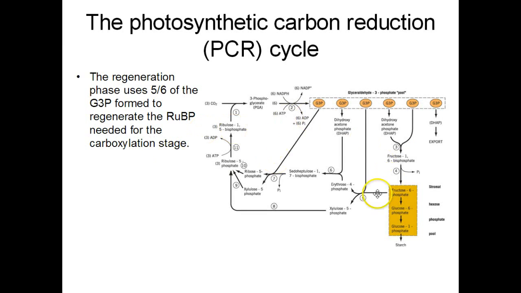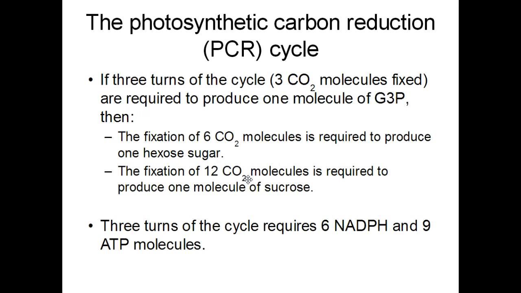And then in the regeneration phase, 5/6 of the triose phosphate is used to regenerate this pathway. So what does that mean? 3 turns for 1 triose phosphate.